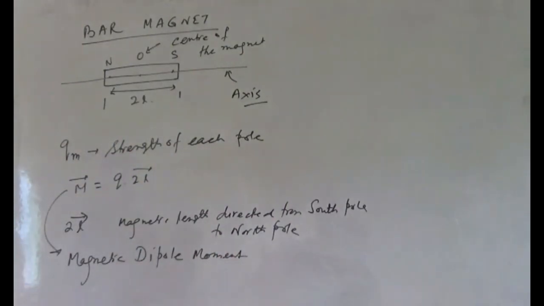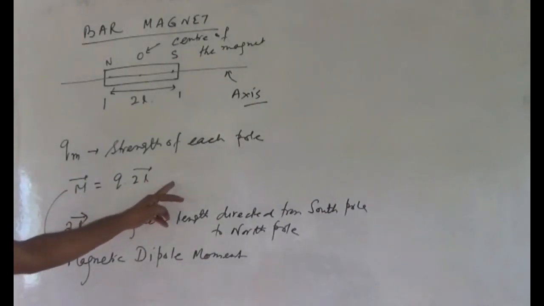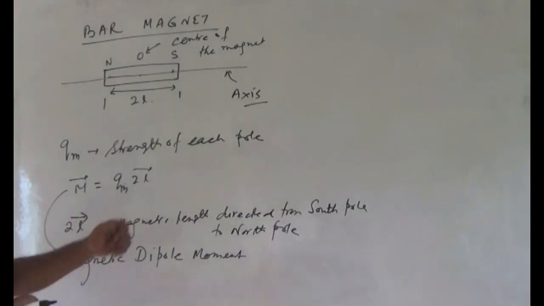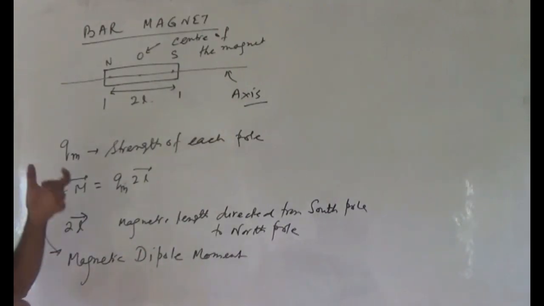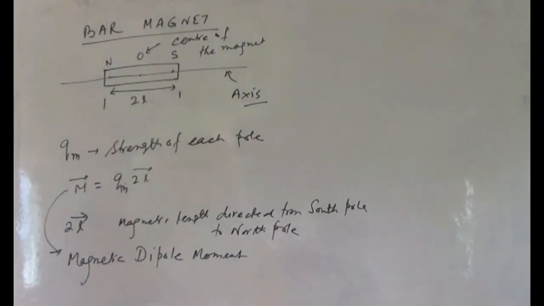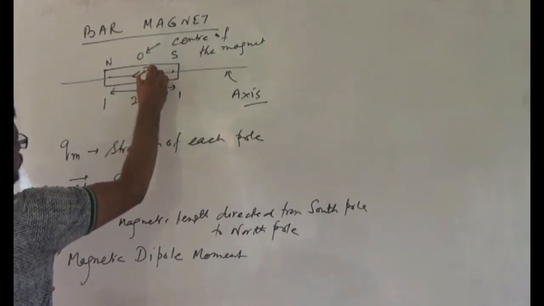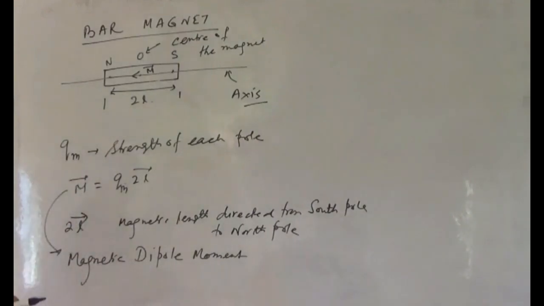As we defined in electrostatics, the electric dipole moment P equals Q into 2L. Here, Qm into 2L is the magnetic dipole moment, where Qm is the pole strength and 2L is the magnetic length of the bar magnet, and its direction is from south pole to north pole. That means the direction of M, the magnetic dipole moment, is from south pole to north pole.